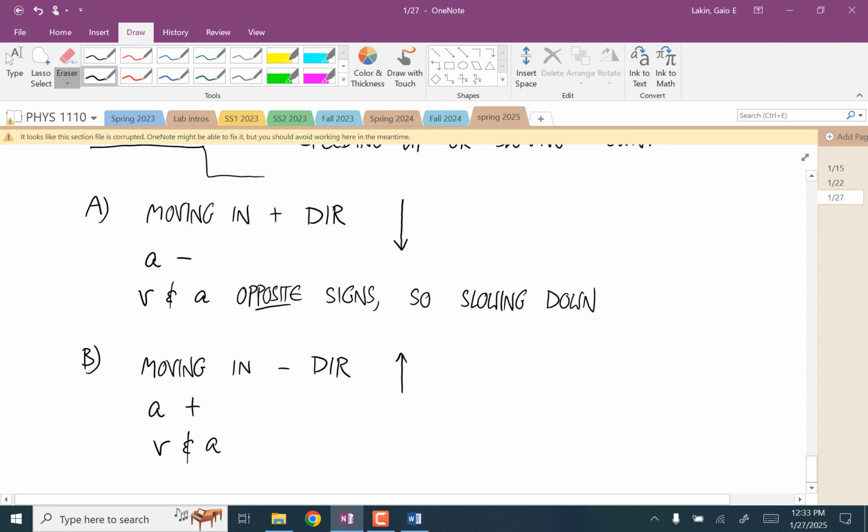Velocity and acceleration have opposite signs. So again, it's slowing down. So in this case, it's moving up and slowing down.